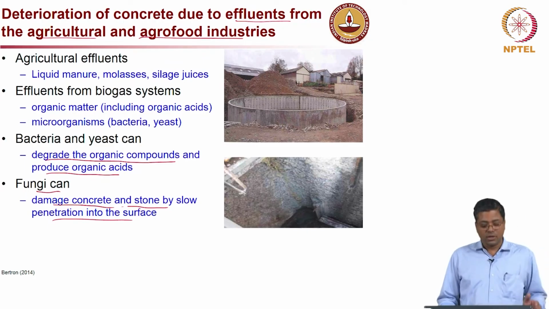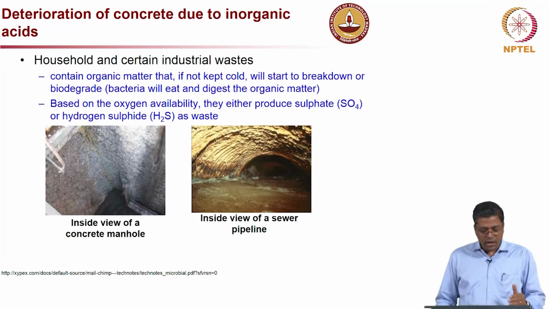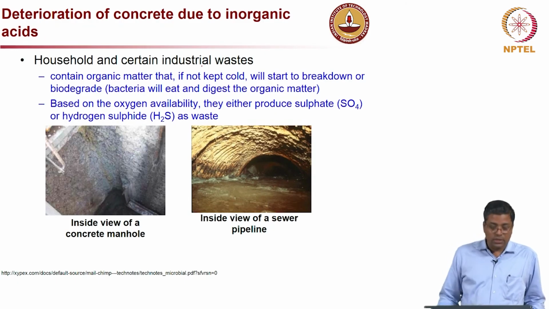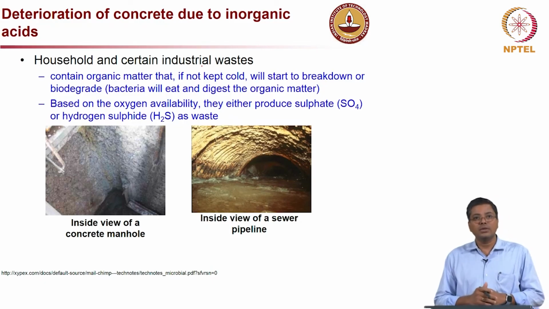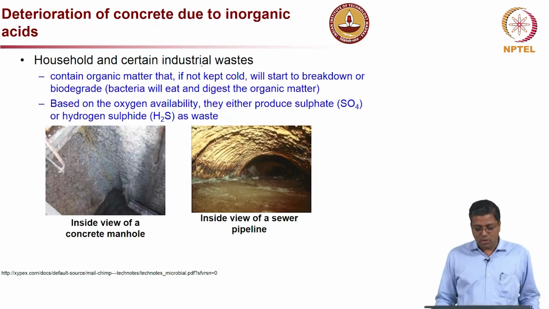If you Google, you will see a lot of pictures showing these kinds of long term deterioration mechanisms. Now, deterioration of concrete due to inorganic acids. Household and certain industrial waste contain organic matter that, if not kept cold, because temperature also matters a lot, will start to break down or biodegrade.